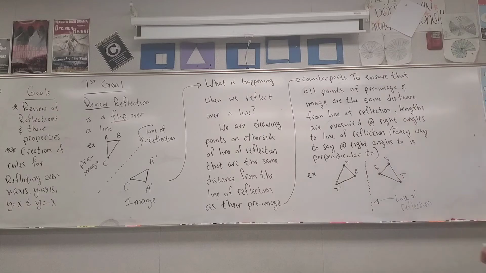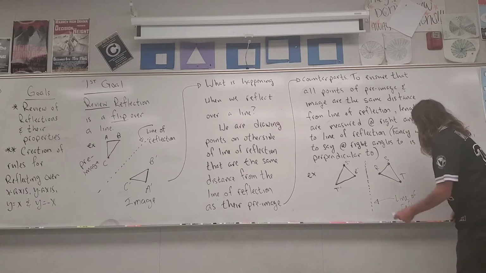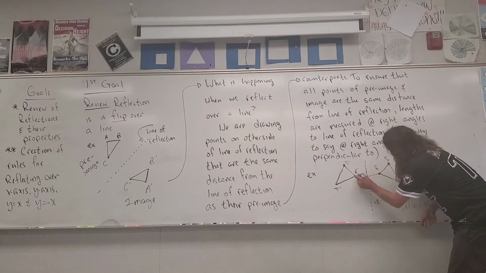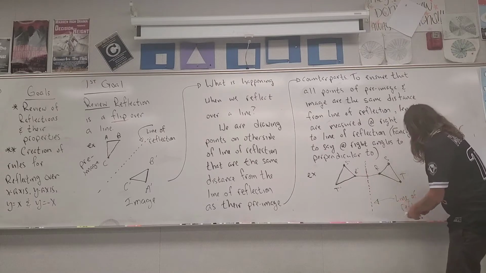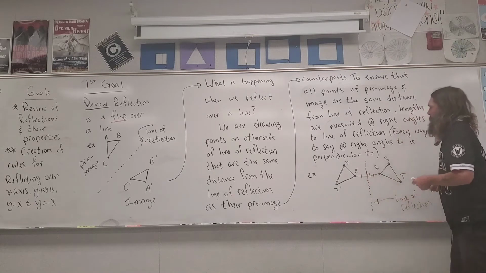It looks a little bit off, but I'm doing this by hand. So let's also do a couple more things here, just to stress this. Again, R is the same distance to the line of reflection as R prime, and so we would expect these lengths to be congruent at a right angle.